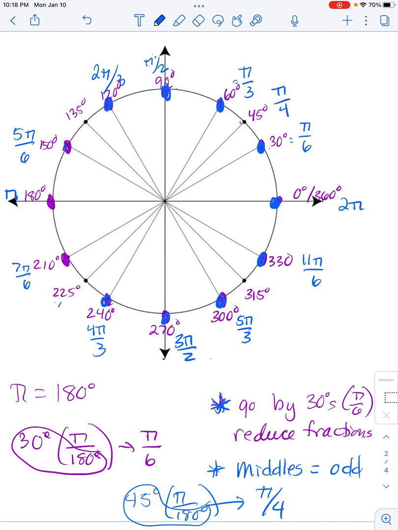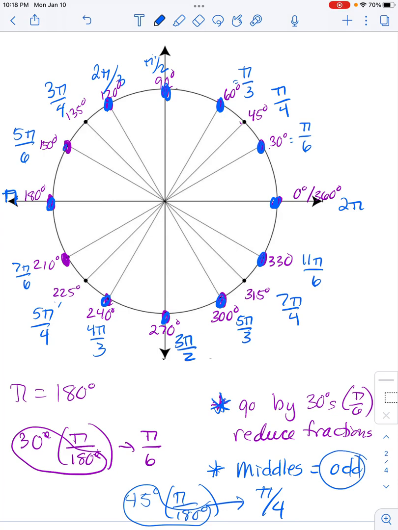The top would be 2 pi fourths, but we already have that. The next one would be 3 pi fourths, which is why I said odd. So the next one I have to actually fill in is down here, 5 pi fourths, because this one was already filled in. It would have been 4 pi fourths and reduced again to being pi. Then the only other one is this one, 7 pi fourths.